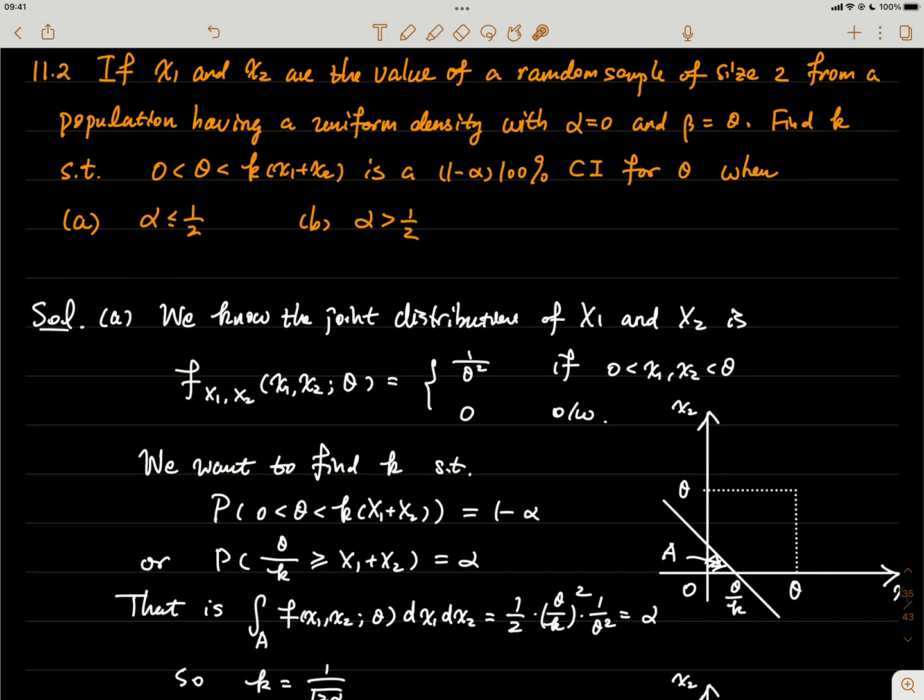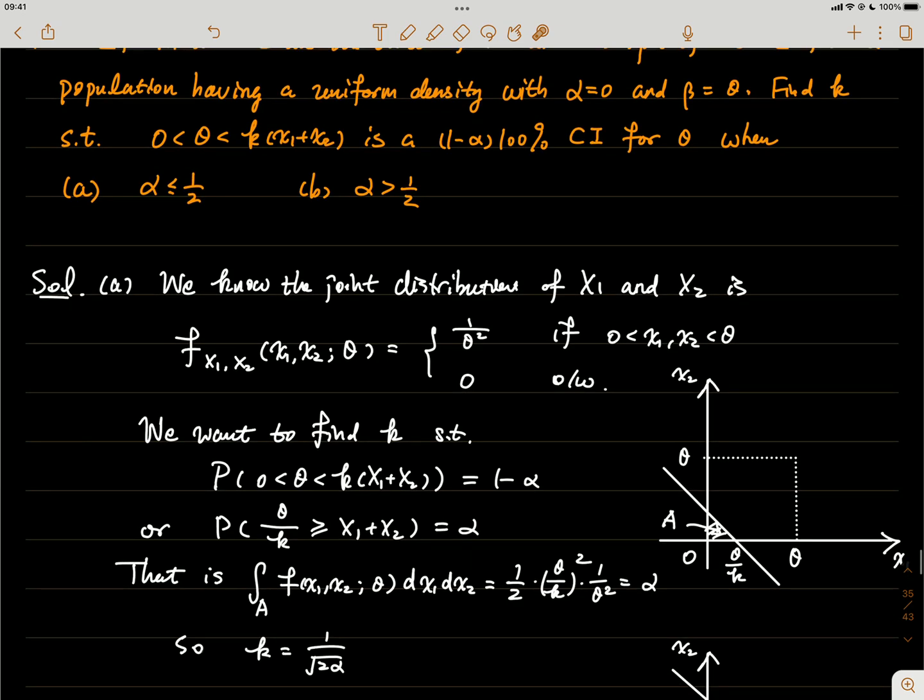Our purpose is to find the value k such that the confidence level of this interval is 1 minus alpha, meaning the probability that theta falls into this interval should be equal to 1 minus alpha. Remember that x1 and x2 follow this PDF.